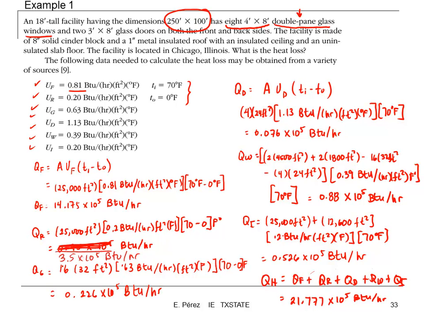And the second number is the QW. This should be equal to 3.274 times 10 to the 5 BTU per hour.